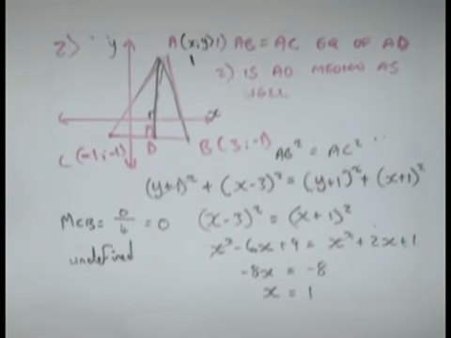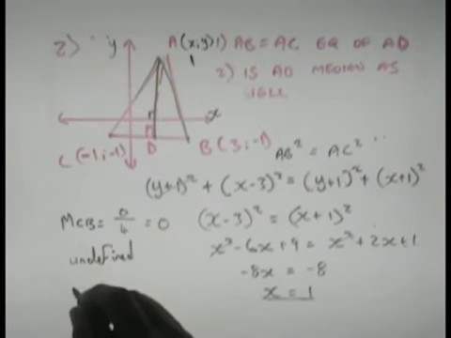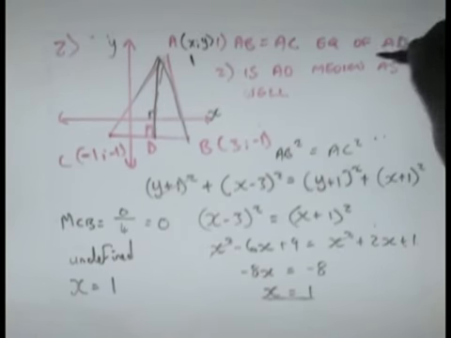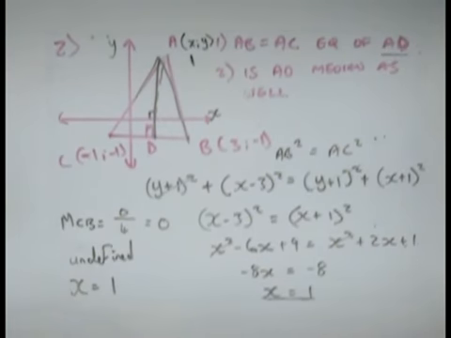That means that the equation of AD, now look at that. We know that the x value at D is 1. That means that the equation of AD is x is equal to 1. That's all that the equation of AD is.